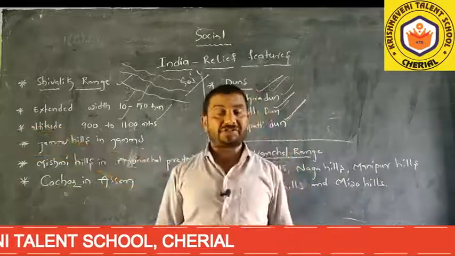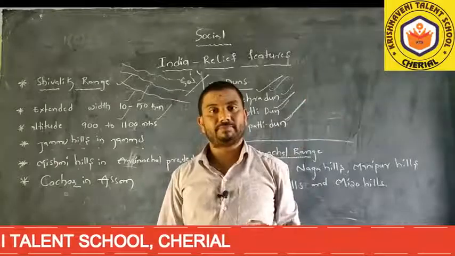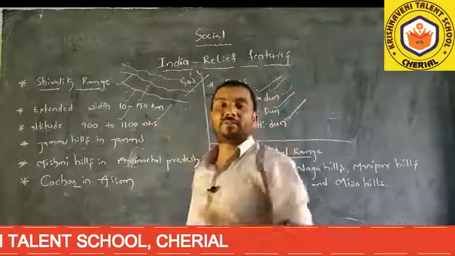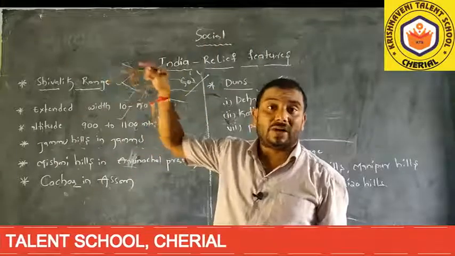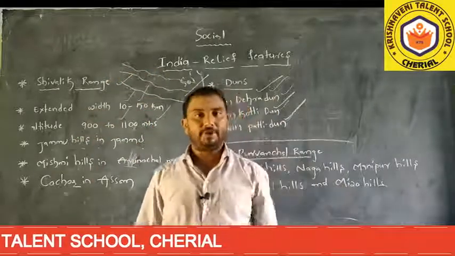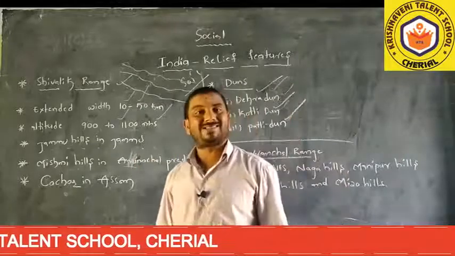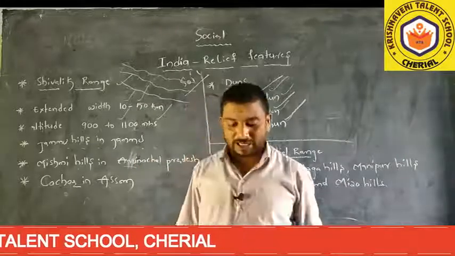We have already discussed that the Himalayan mountains extend from west to east, from Jammu and Kashmir to the east. So what is the boundary of the Himalayan mountains in the east? The Brahmaputra Valley. The eastern boundary of the Himalayas is the Brahmaputra Valley.